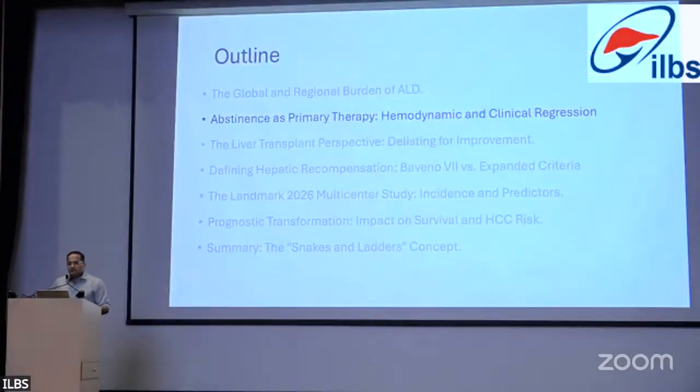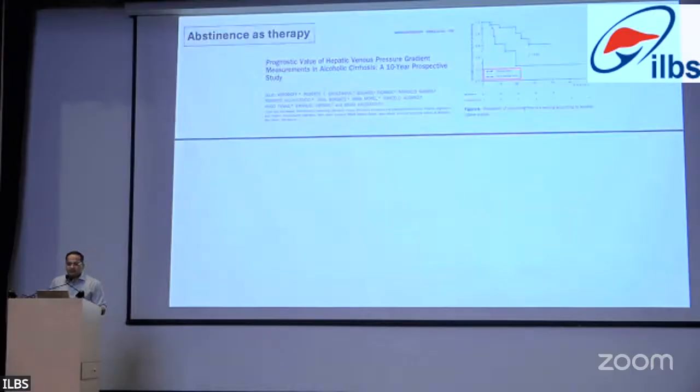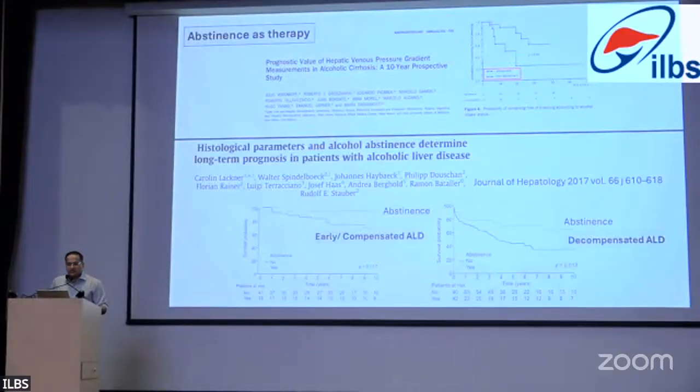Coming to the topic of abstinence as primary therapy, we all know from a long time that alcohol abstinence is the core, the center of the treatment of alcoholic liver disease. It helps in improving outcomes in both the early compensated state of alcoholic cirrhosis as well as the advanced decompensated state.